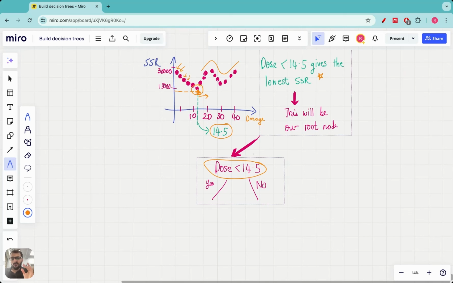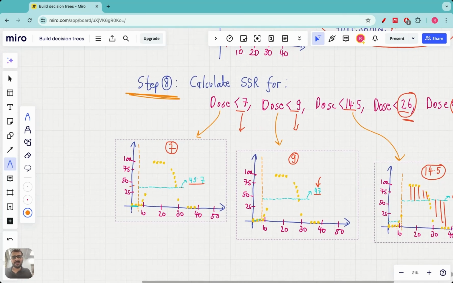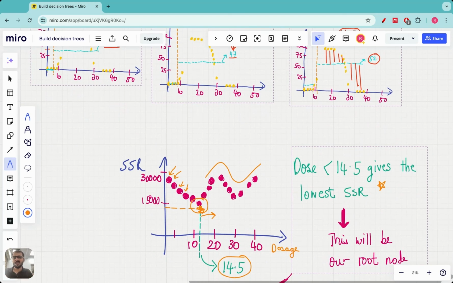Even this small step of finding the root node, you see we have covered this in 8 steps. So the logic and the understanding behind this is fairly detailed, but if you understand it once, then it will be very easy.